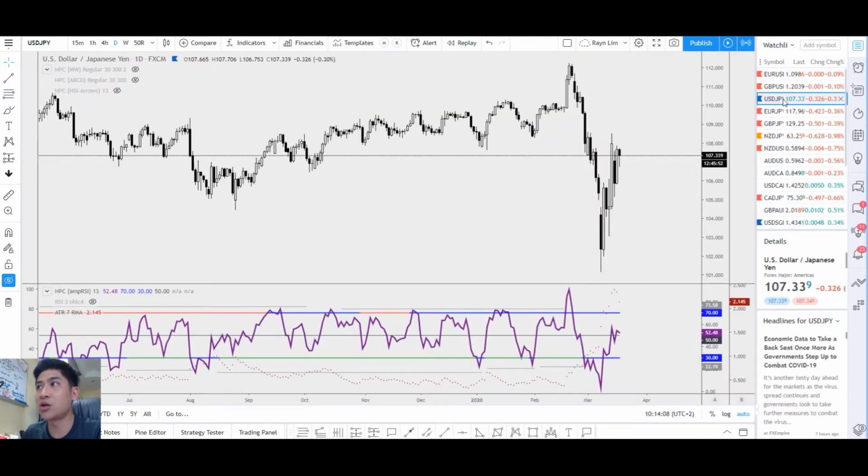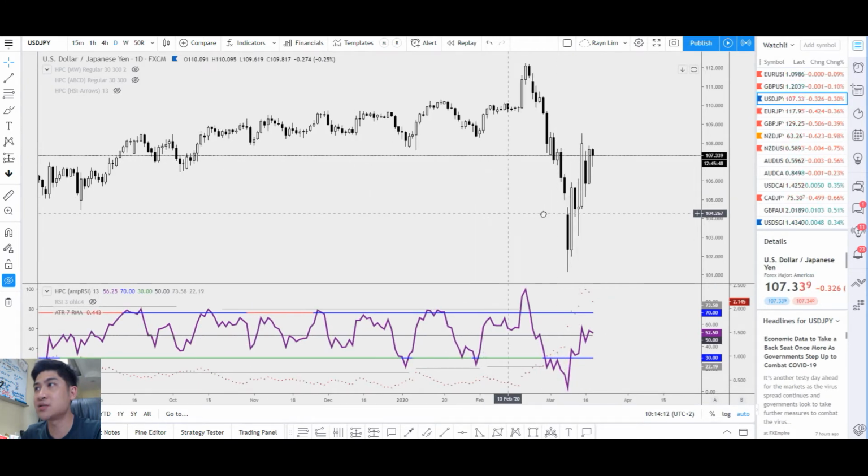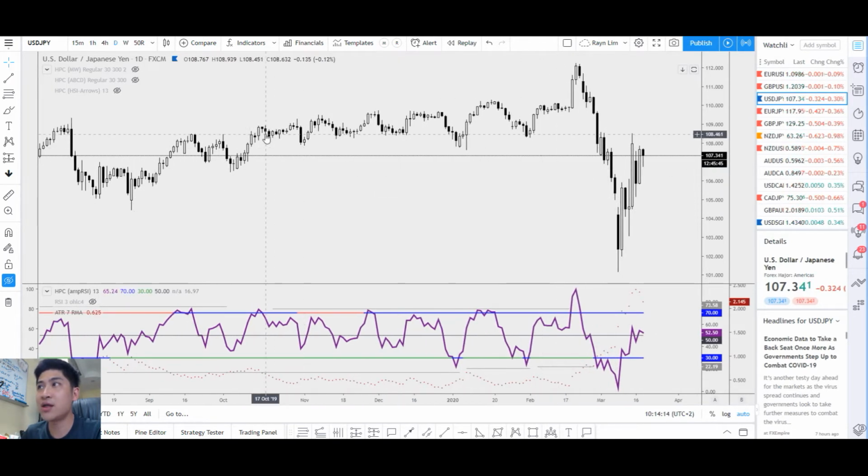Alright, so to the dollar yen, very interesting pair. Let me just stretch it a bit. Okay, good. Alright, let's get going. So dollar yen on the bearish movement. Market retests back to the resistance. Let's see how this candle closes. Alright, moving towards the upside. Let's see how it forms at this area.